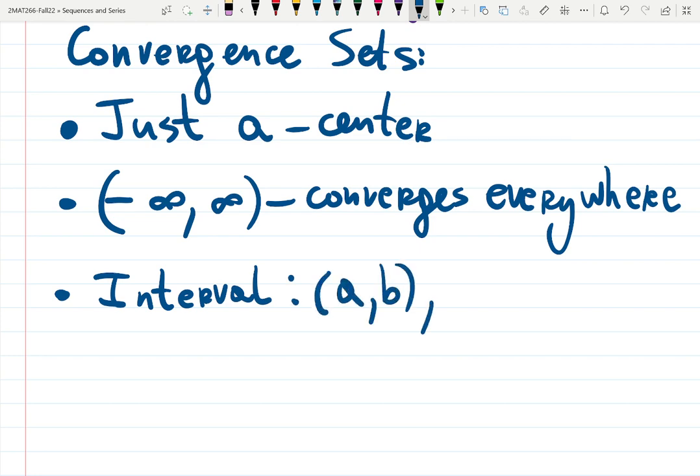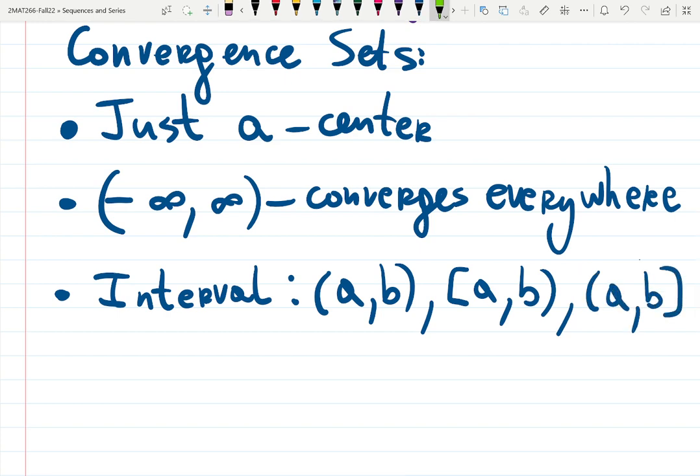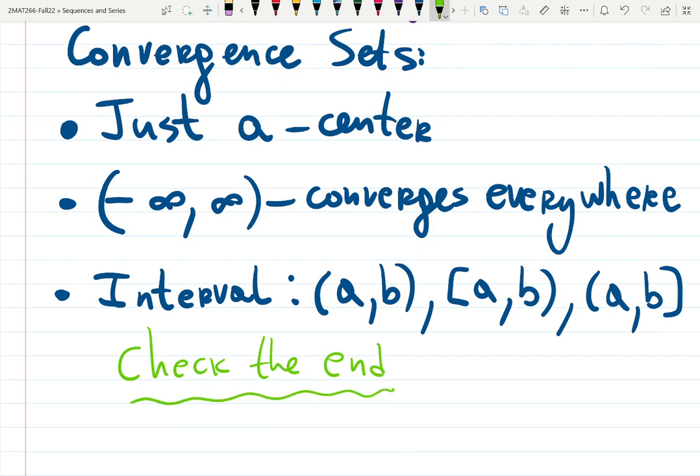Open interval, semi-open interval on one side, or the other side. For this one, we actually have to check the ends. Check the ends, because we don't know, well, we have to check whether to include the ends or not. Check the ends, exclamation mark.